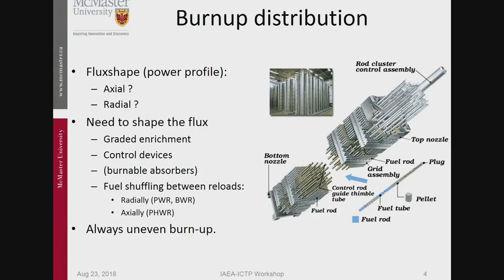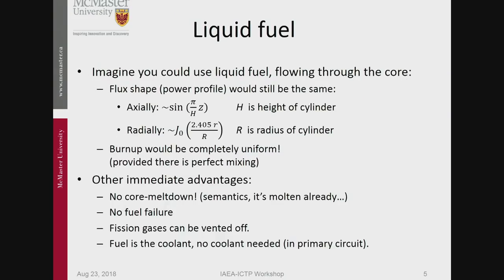Just imagine that you could use a liquid fuel, and it would flow through the core. The power shape that I drew there is, of course, still the same, because if this is the core and there's fuel flowing through, then the neutronics gives you this flux shape, this power shape.